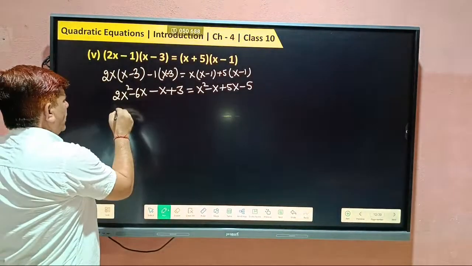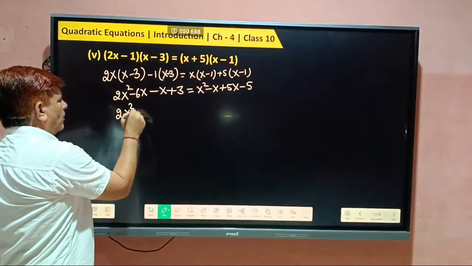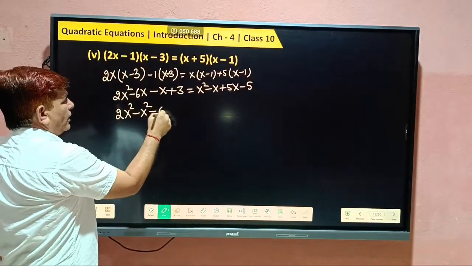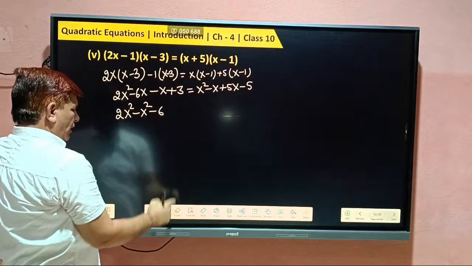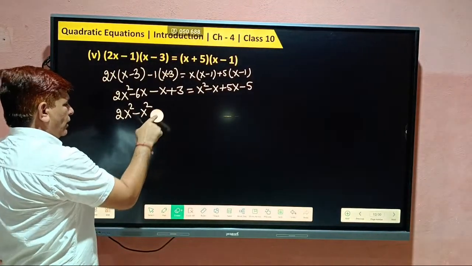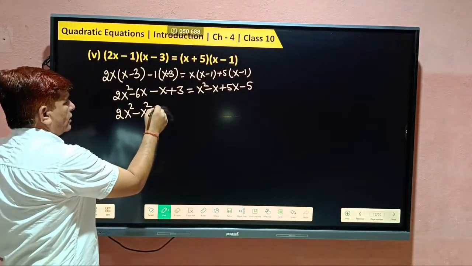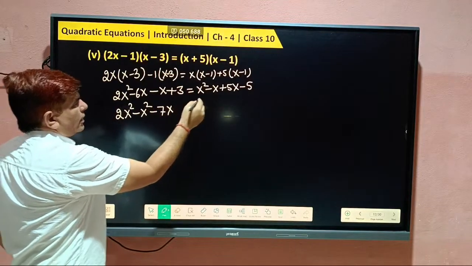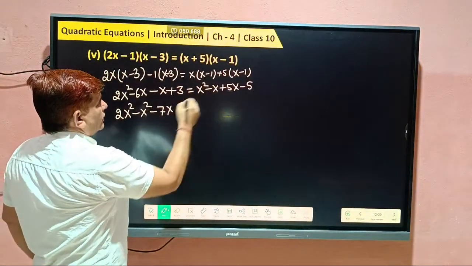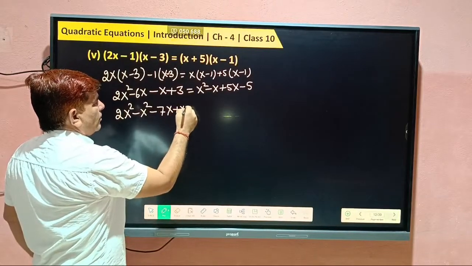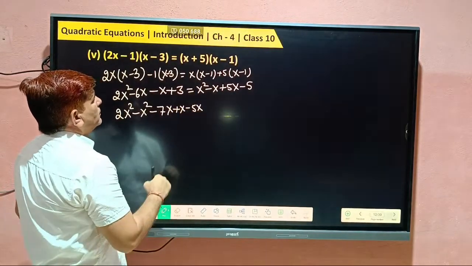So bring here 2x square minus x square, minus 6x and 1x, how much? Minus 7x. Minus 7x. What's coming? This plus x minus 5x. How much left?